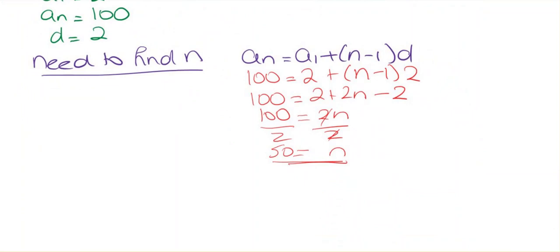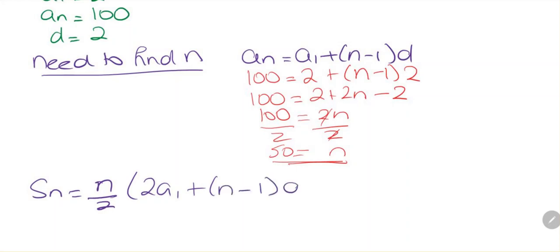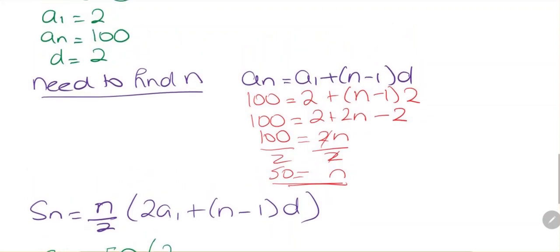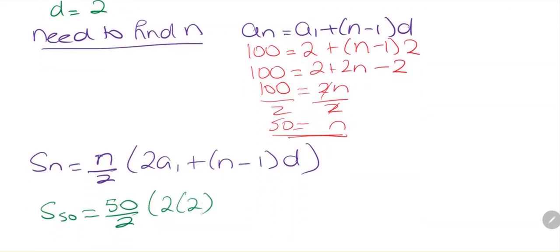So now we've found n, we can use our sum formula. We can use either formula, but I'm going to use n divided by 2 times 2a1 plus n minus 1 times d. The sum of the 50 terms is going to be 50 divided by 2, and the first term we said was 2, so it's 2 times 2, and n is 50 minus 1, multiplied by the common difference of 2.